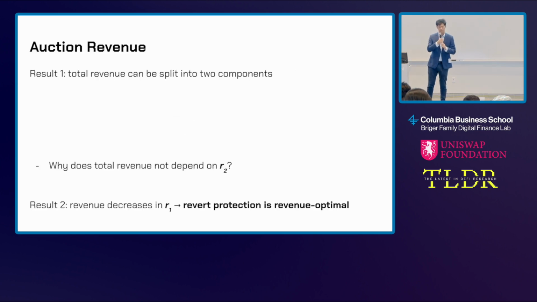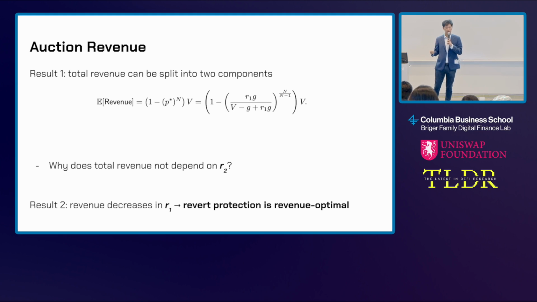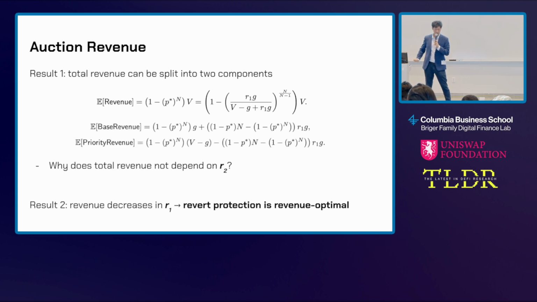Now that we've solved for this equilibrium, let's analyze some main takeaways for sequencer design based off of this. Our first main result is we can split the total revenue accrued from the auction into two components. Here we have our total revenue, and here we have it split into two components. The first component is the revenue made off the base fees, as well as the reverted base fees.